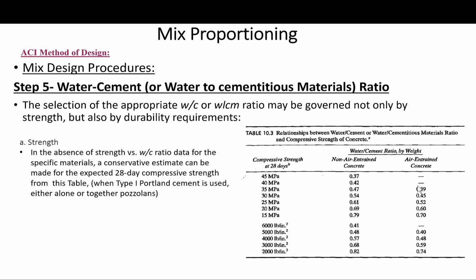But when we use larger quantities or contents of pozzolans, when we use slag, when we use other types of cements other than type 1, and also when the specified strength is not necessarily the 28-day strength, maybe another age is specified, we cannot use this table. We have to develop our own table from data that we have accumulated or gathered.